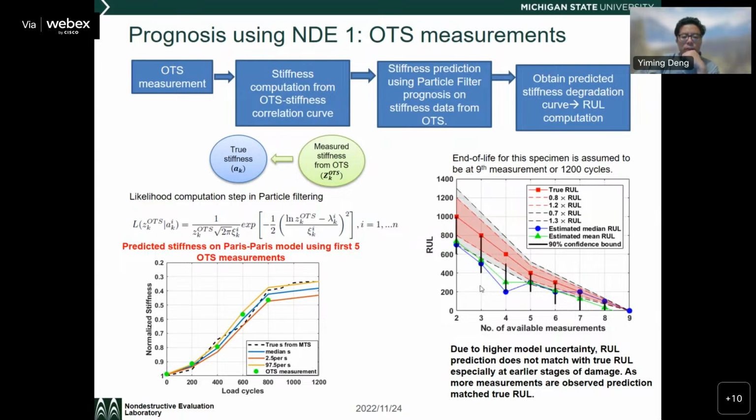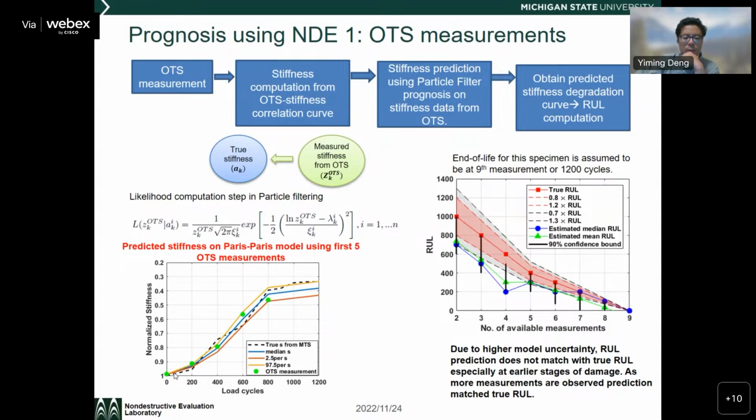From these two figures, we can see the performance of the prediction. Statistically, we can look at the median, and we can look at the upper and lower boundary of the estimation. The true stiffness is given by the MTS over time.